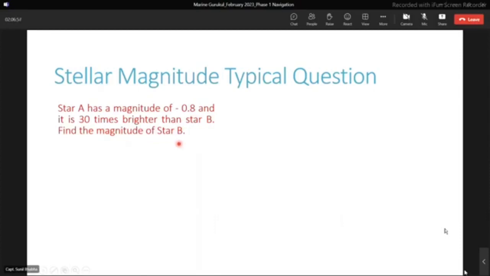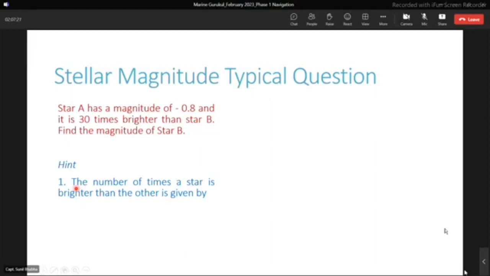Now, all these questions which we are discussing are picked up from the past papers. So let us see how we attempt this question. Now, for doing this question, we need to be aware of two things. Number one, that the stellar magnitude gives us a formula or a relationship with which we can find out how many times a particular body is brighter or dimmer than the other body.